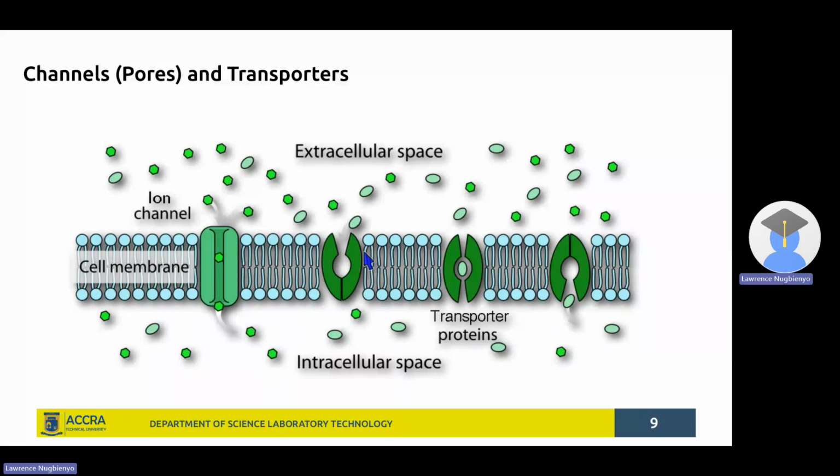I will come to it much more closely for you to see the difference between these pores and transporters, even though sometimes they are used interchangeably. Here you can see that you just have a straight pore through there, and a substance that fits the size of that pore can pass through it. So you have substances, that is the ions, passing through these pores depending on their size.